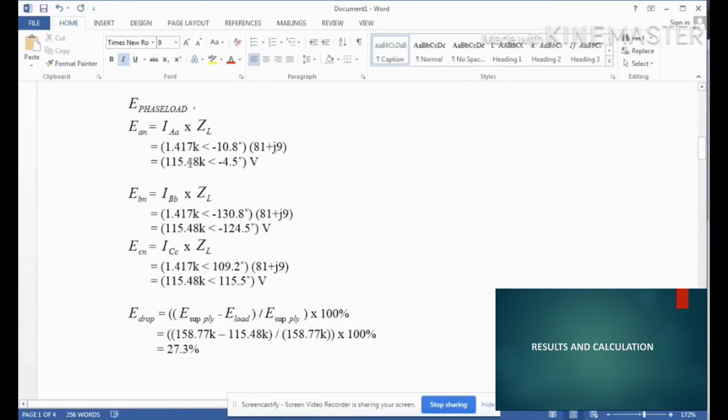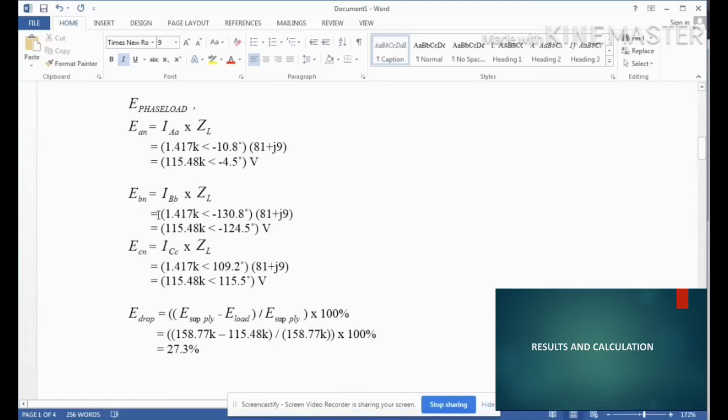For the phase voltage at the load, EAN is IAA times Z load, which is 1.417 kilo with degree negative 10.8 times 81 plus 9j. The value of EAN that we got is 115.48 kilovolt with negative 4.5 degree.